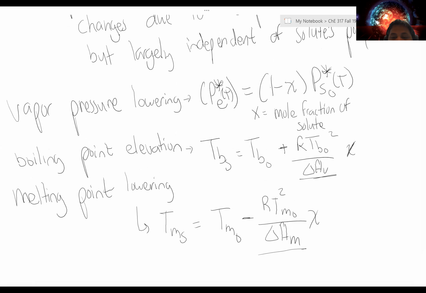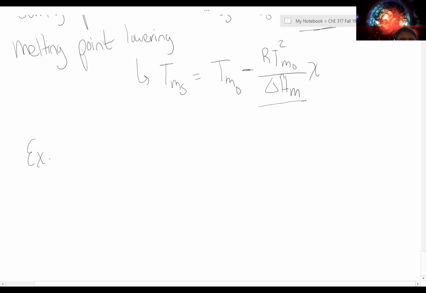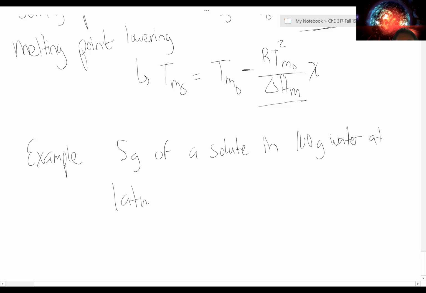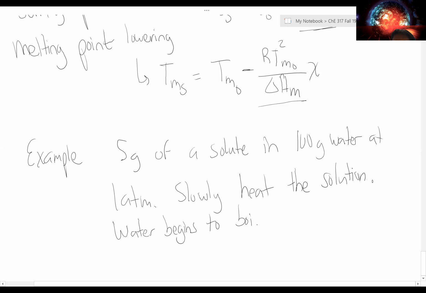So yeah, we can look at a quick example. If I have 5 grams of a solute and 100 grams of water at 1 atm, and I slowly heat the solution, and the water begins to boil at about 100.421 degrees Celsius.